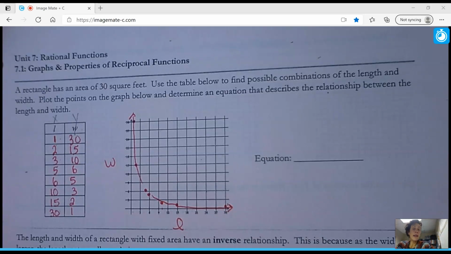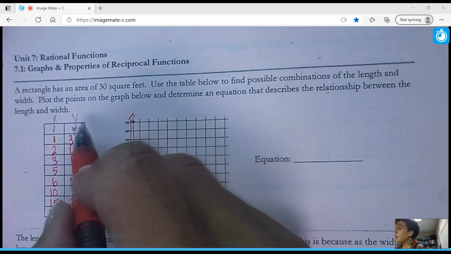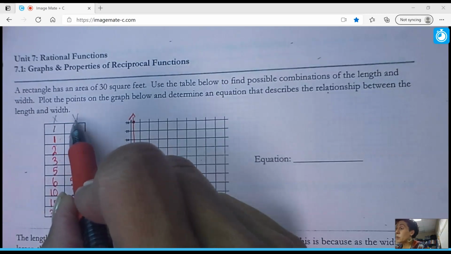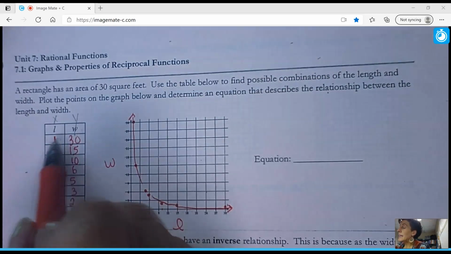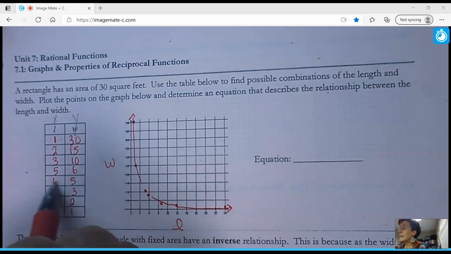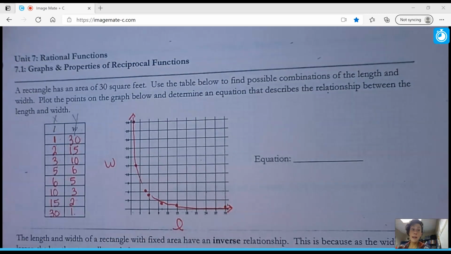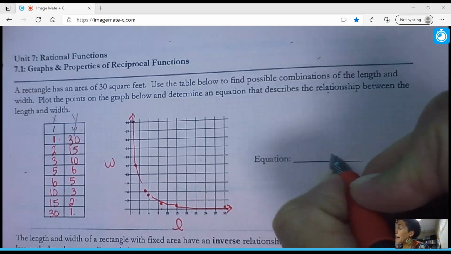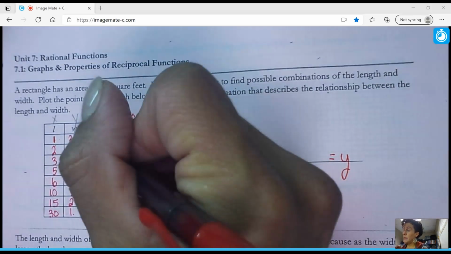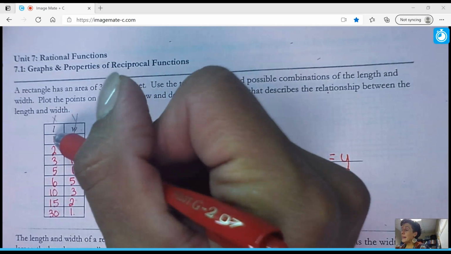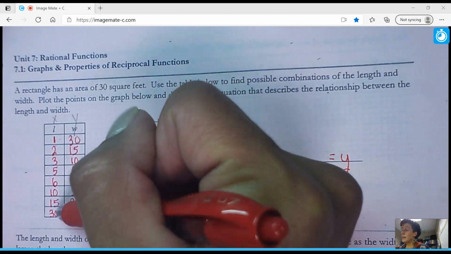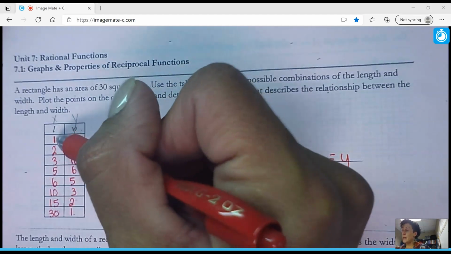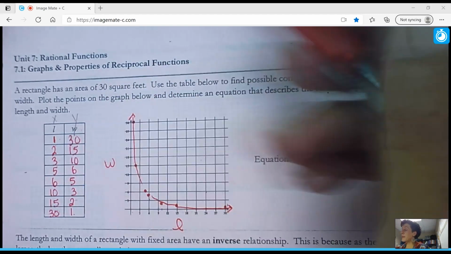From there, we can make an equation out of that. To get this, if I wrote the equation, it equals y. What I need is the constant number between these two, and I always got 30. So to get my y value, I would have had to take 30 divided by 1, 30 divided by 2, 30 divided by 3.